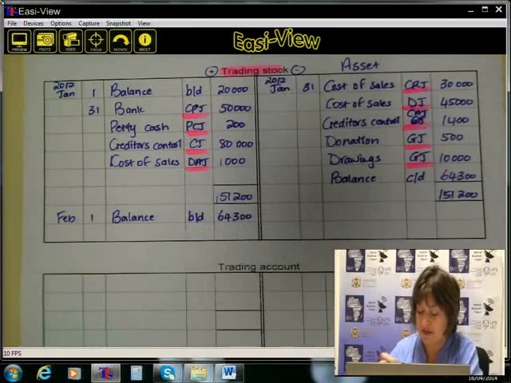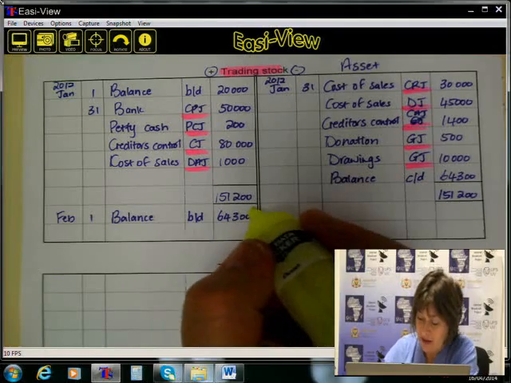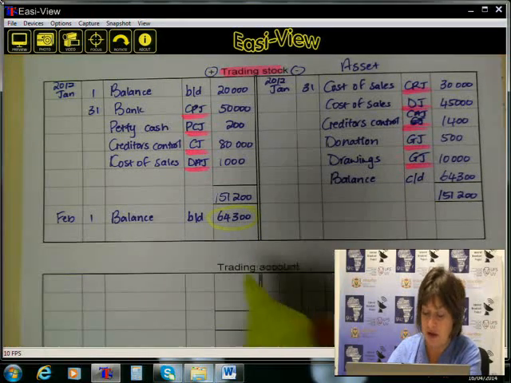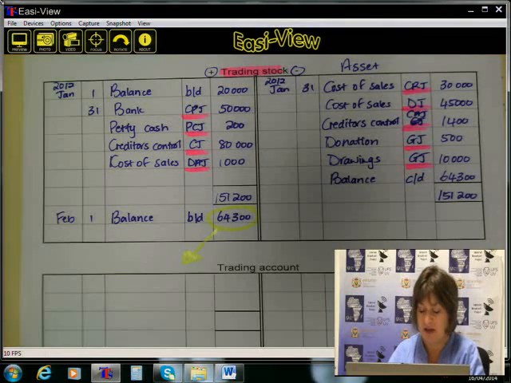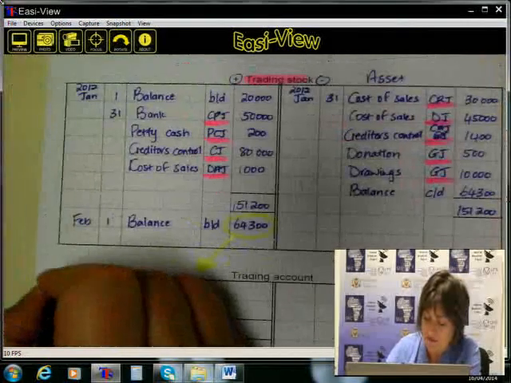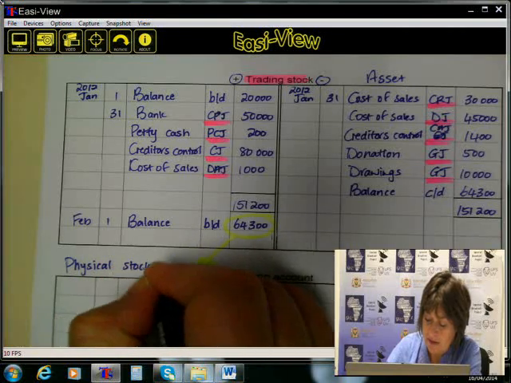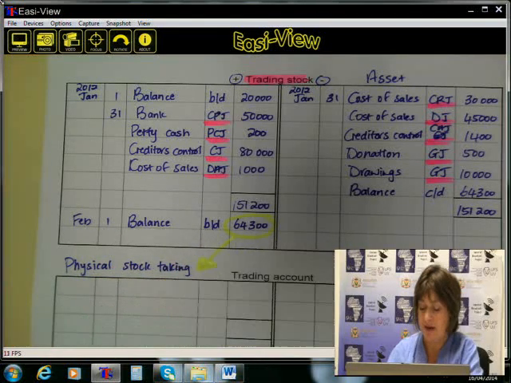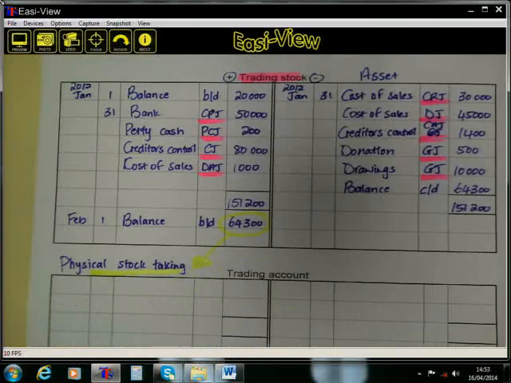And the moment that they do a physical stock taking, then you are going to compare this amount with your physical stock taking to see if there's a trading stock deficit or a trading stock surplus. And that's why the perpetual system is a very good system to have, because you can see if there's something wrong, if there's something stolen, or if you've got more in the storeroom than in the books whatsoever.